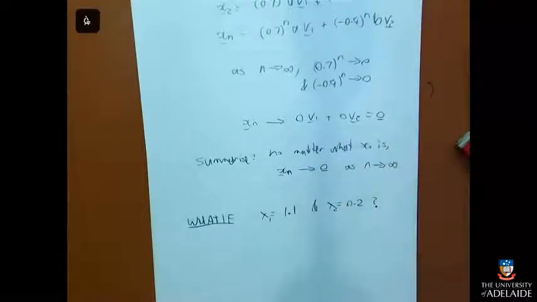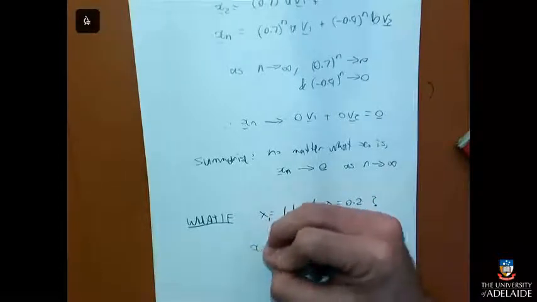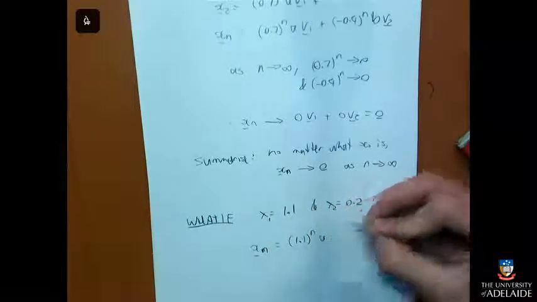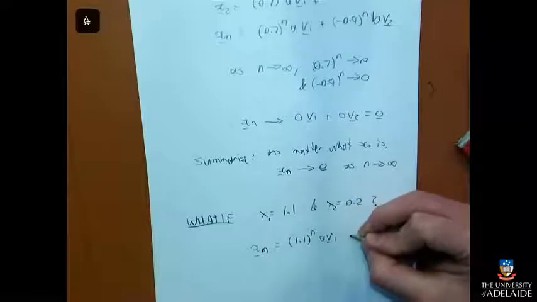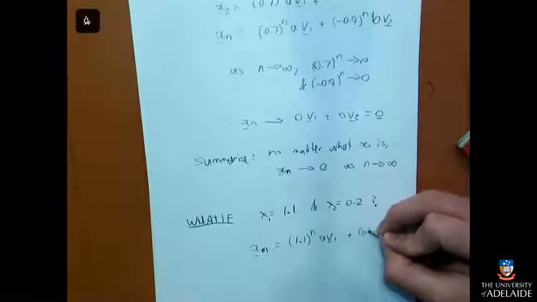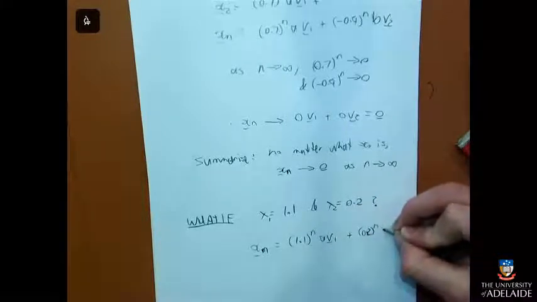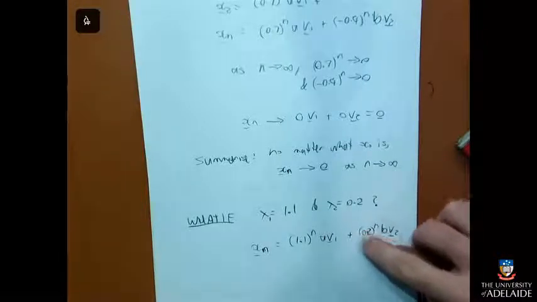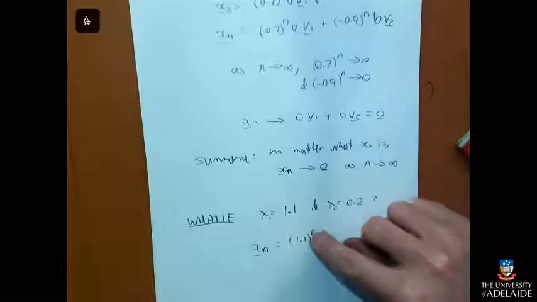What if there'd be 1.1 and 0.2? Well, then my xn would have been 1.1 to the n times a v1 plus 0.2 to the n times b v2. And this one would go to 0, but this one wouldn't.